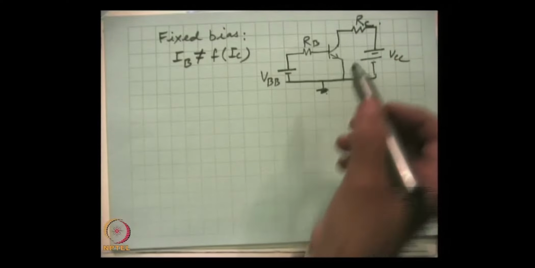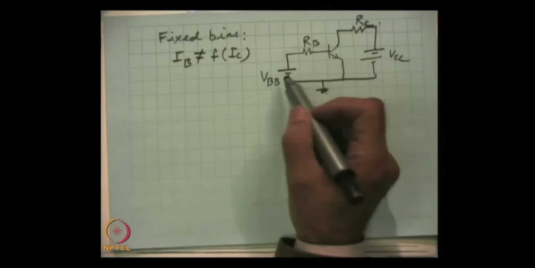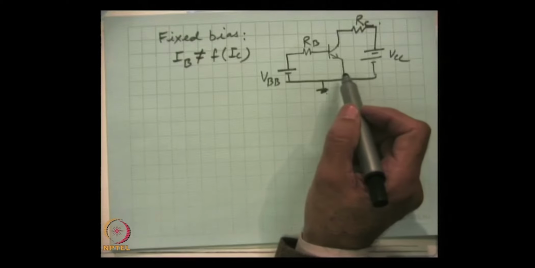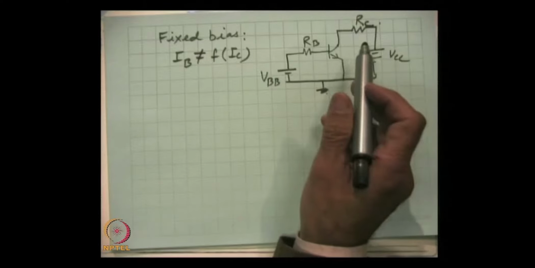This circuit is drawn here in the most primitive way. This is not the actual way the circuits are drawn. This needs two batteries, but we can see that even a single battery can be used to bias both junctions.